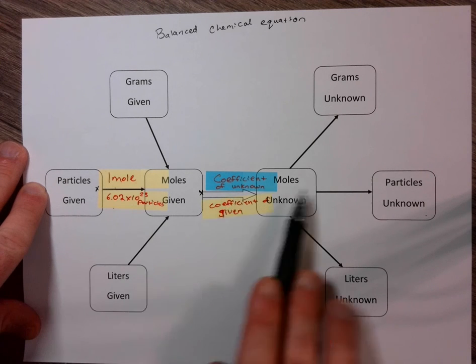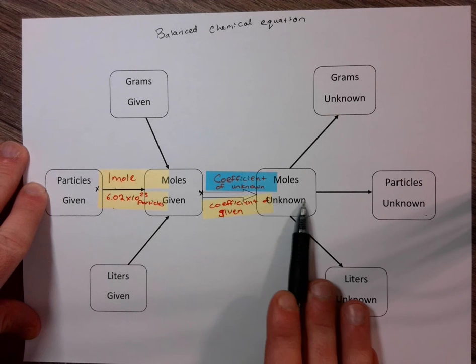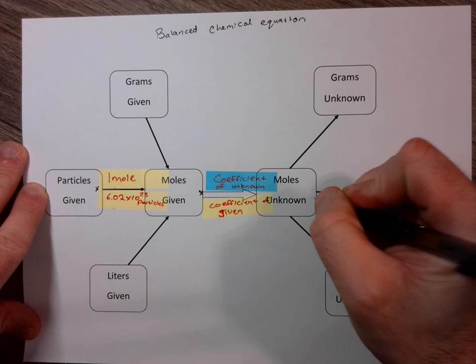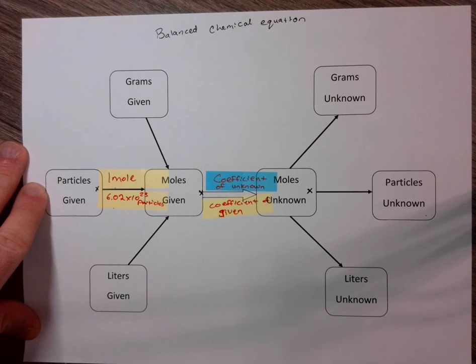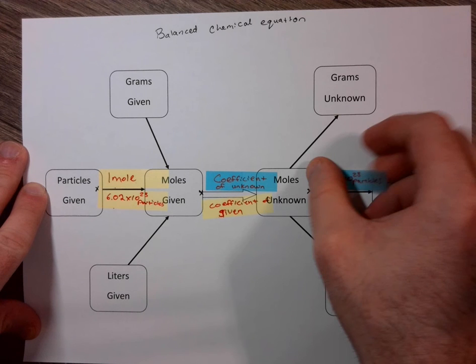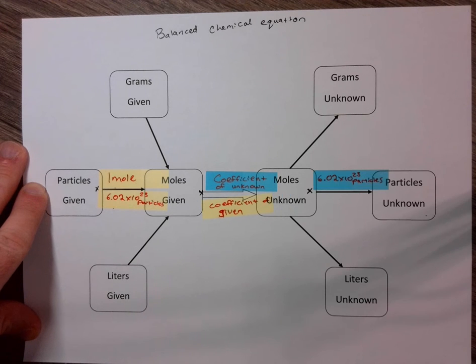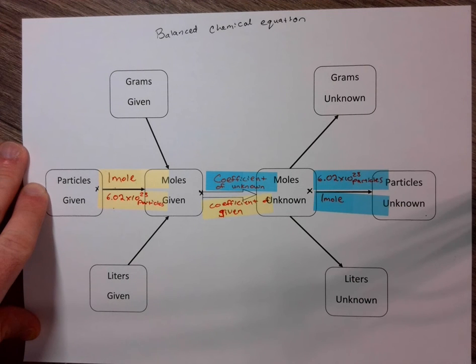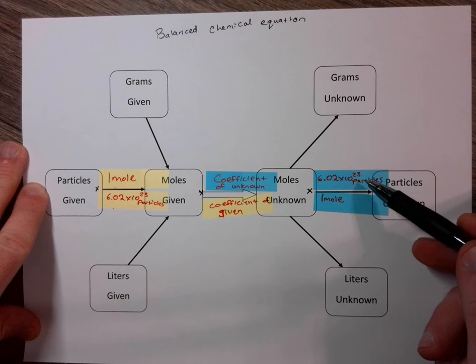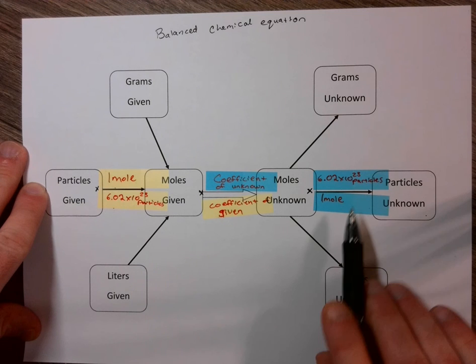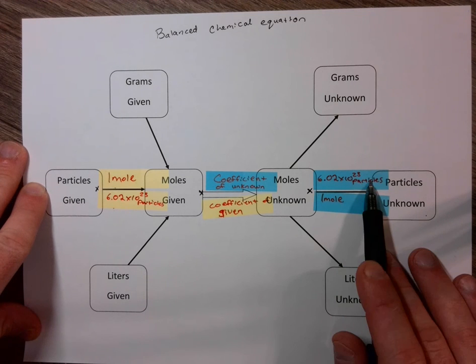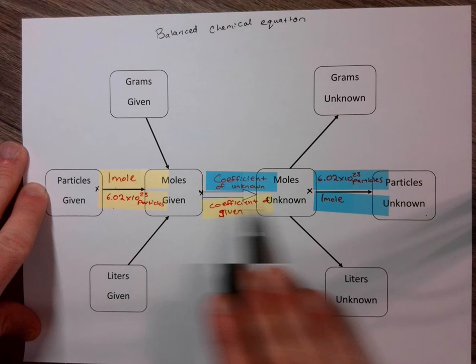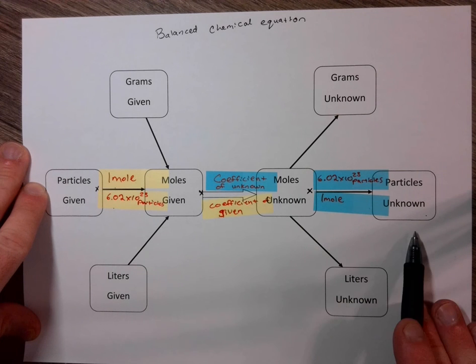To get to particles of unknown, I've got to multiply by another fraction. This fraction has the particles on top and the mole on bottom, so we're dividing 6.02 times 10 to the 23rd by 1. This gets us into particles. That's how we do stoichiometry, from particles of something to particles of something else.